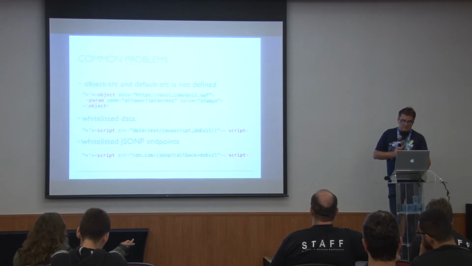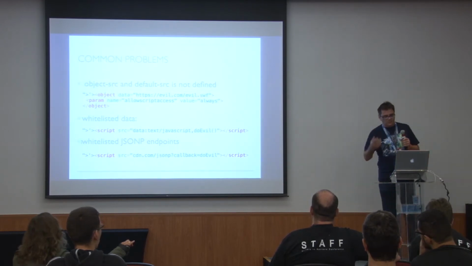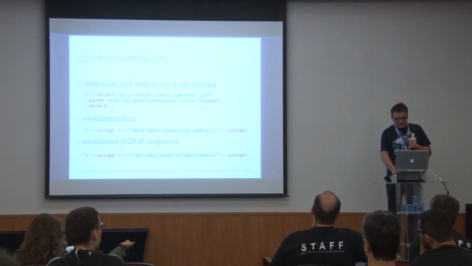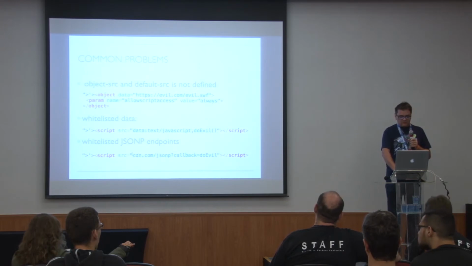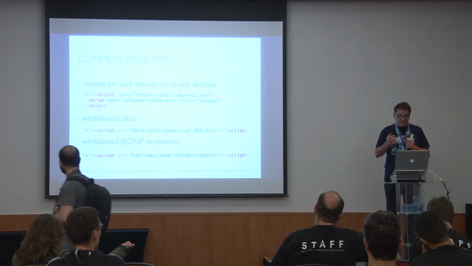Also, if you try to whitelist a JSONP endpoint, it's a long story what JSONP is, but basically JSONP is a mechanism that will reflect back and evaluate a function that you specify.